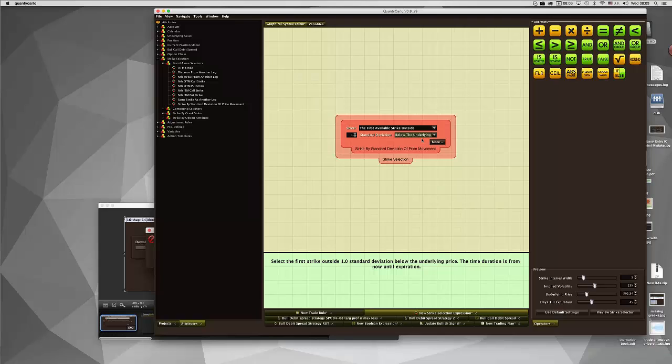I just want to say one standard deviation below the underlying. And then I want the first available strike outside that. You could also say first available strike inside that, or the closest available strike to one standard deviation. But I'm going to choose the first available strike outside that.